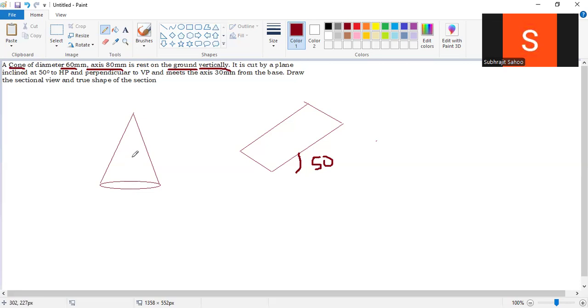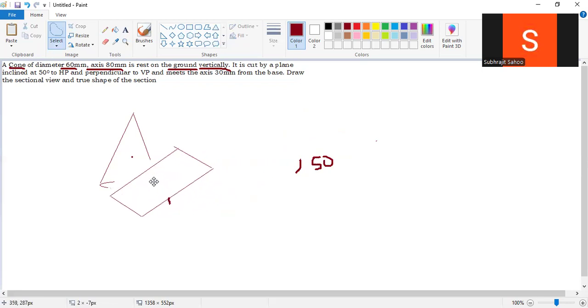Suppose it came here. This plane will cut here, like this.